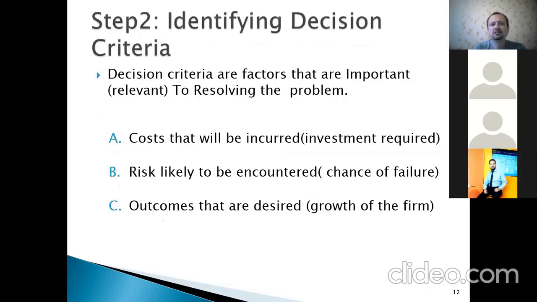The second step is identifying the criteria of decision making. From our lectures connected with planning, you might remember, I do believe that you must remember, that any objective must have a KPI, key performance indicator.